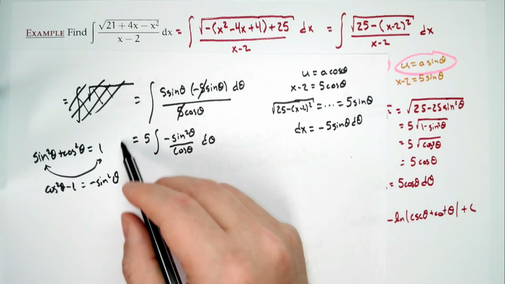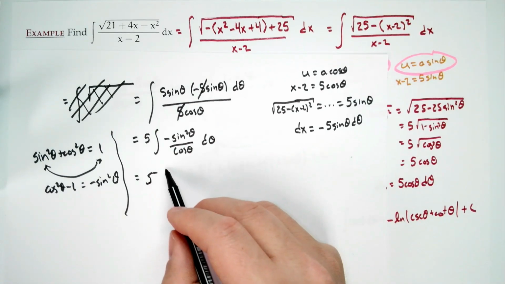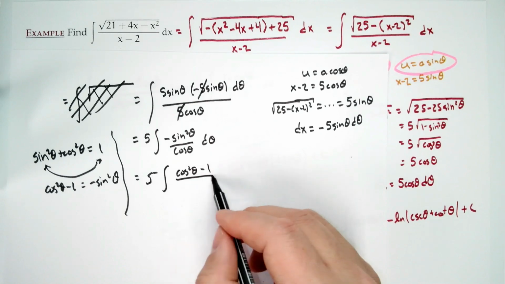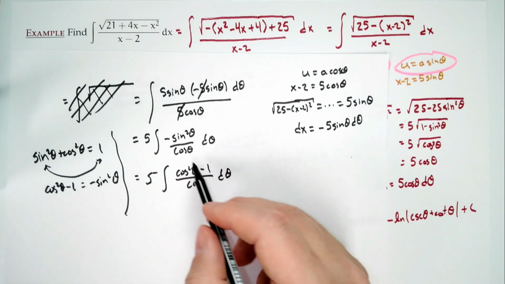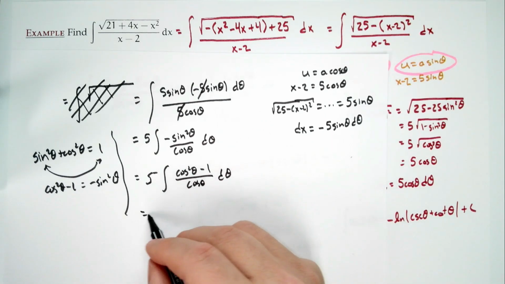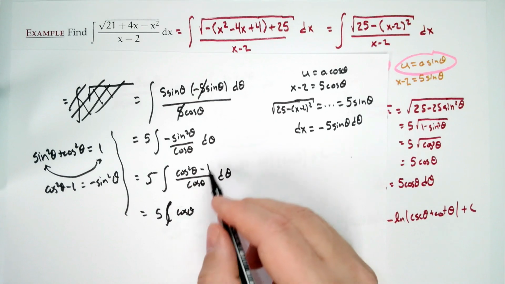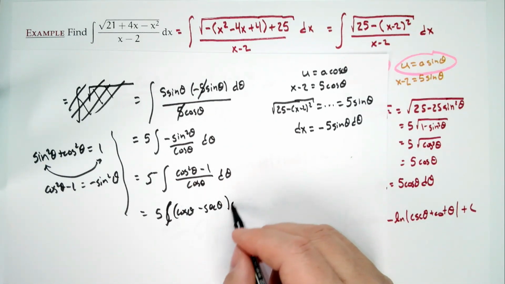So this becomes 5 times the integral of cosine squared minus 1 over cosine. Cosine squared over cosine, that's simply going to be cosine, and 1 over cosine is secant. Okay, we haven't integrated yet.